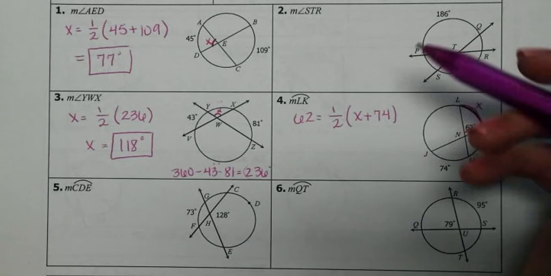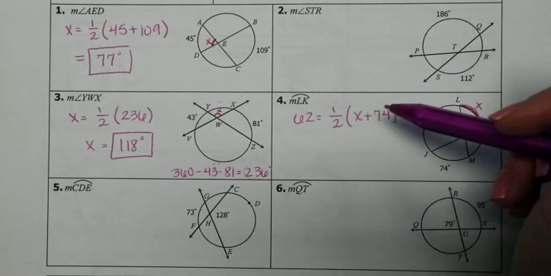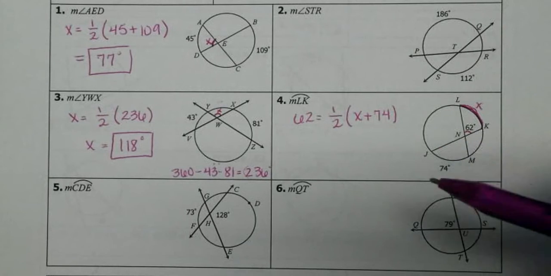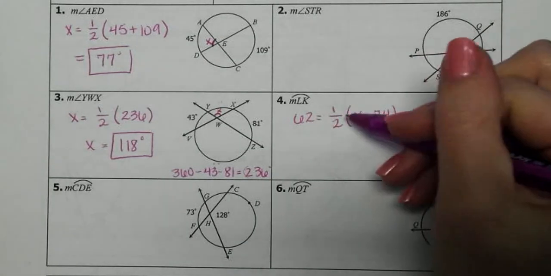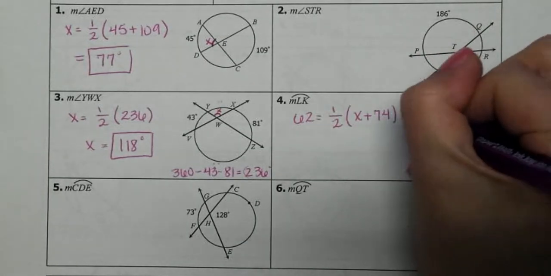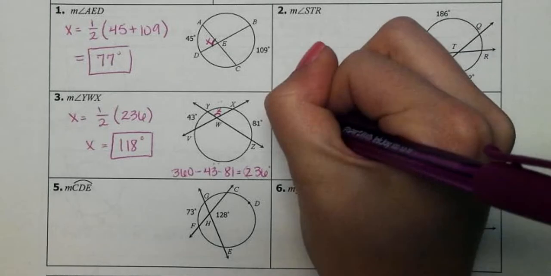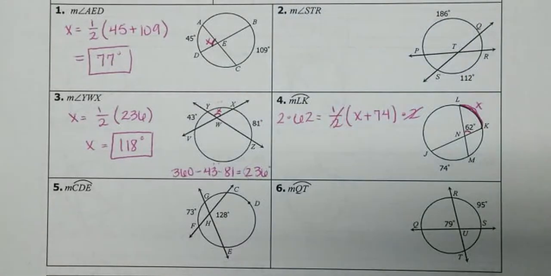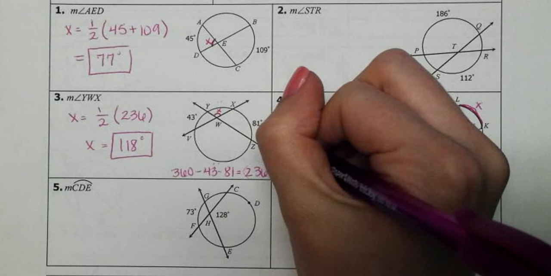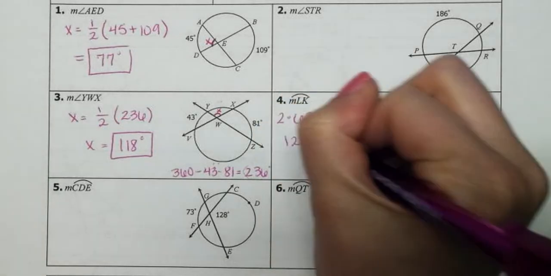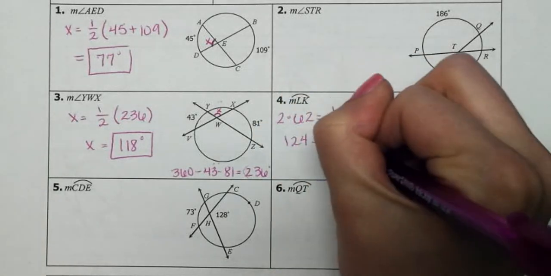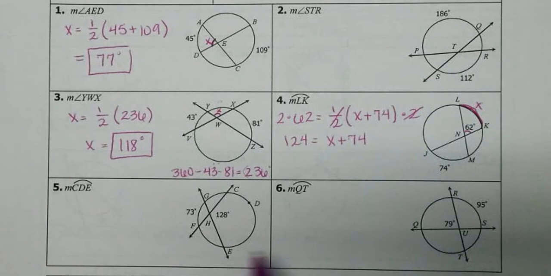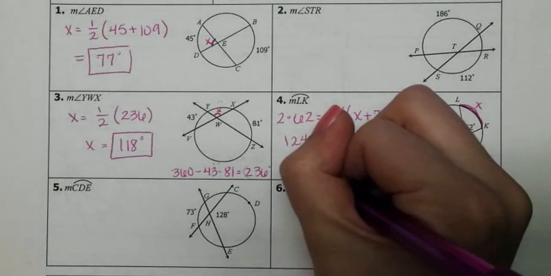Okay, instead of distributing the 1/2, I'm going to do what I've done in the previous lessons, where I'm going to multiply 2 to both sides. So 2 times 62 is 124. And I'm left with what is inside of the parentheses. So I've got to take the 74 away. So X is going to leave me with 50 degrees.